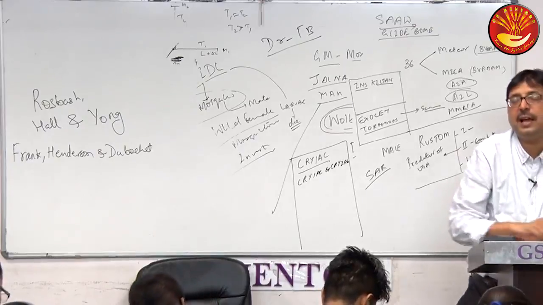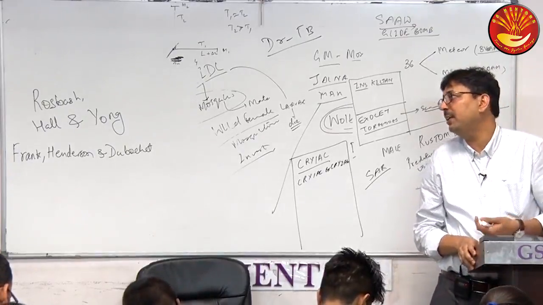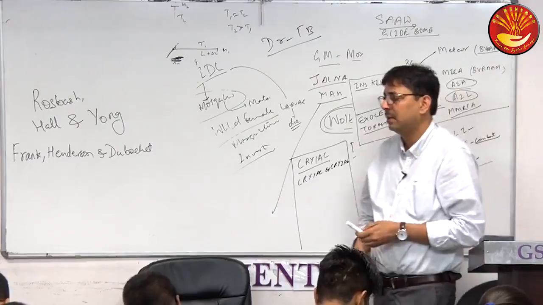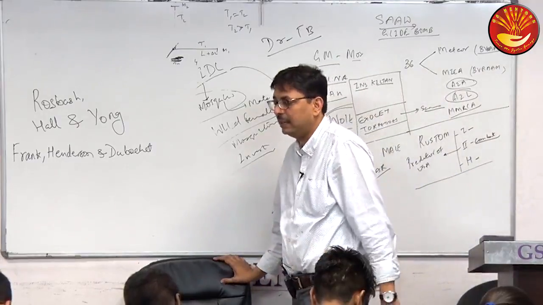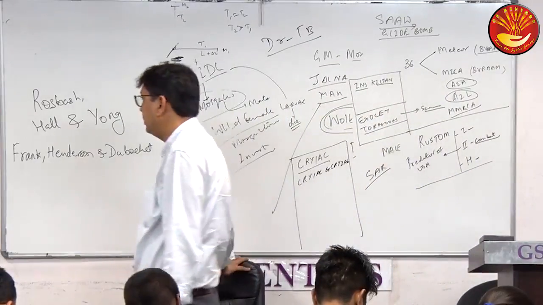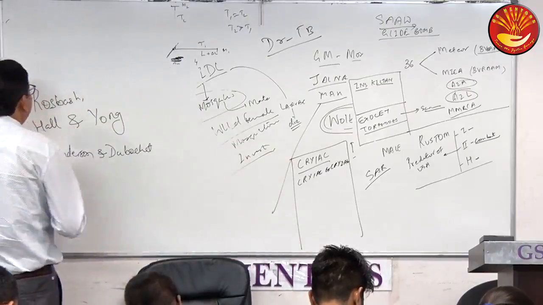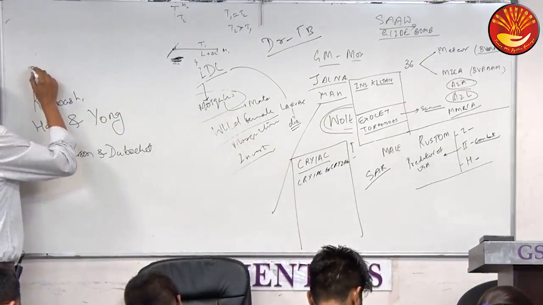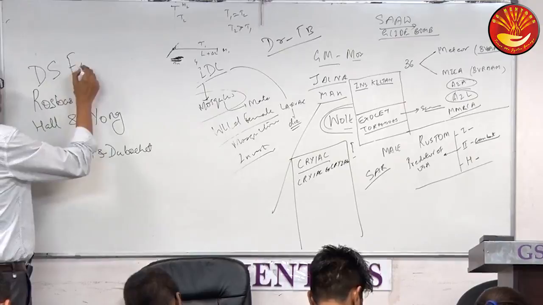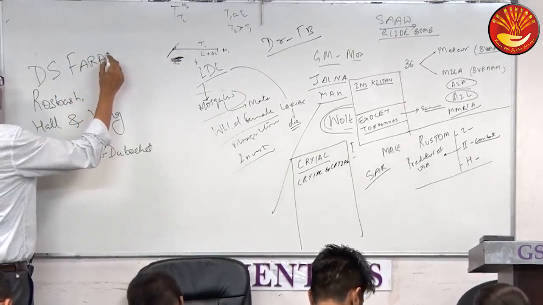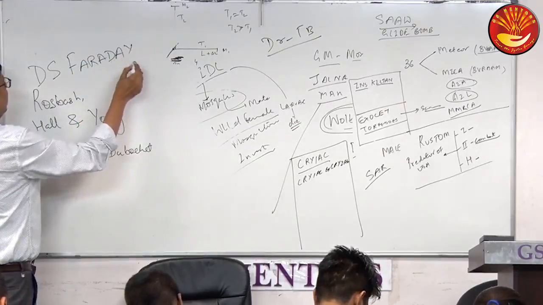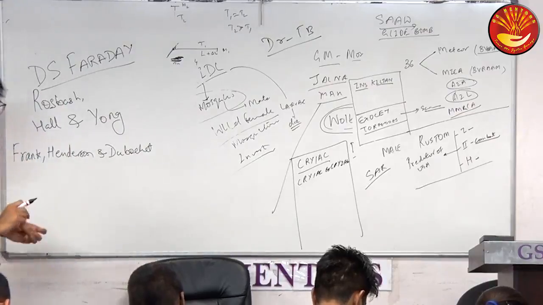A group in Australia has used speed breeding technique to develop a wheat variety DS Faraday.